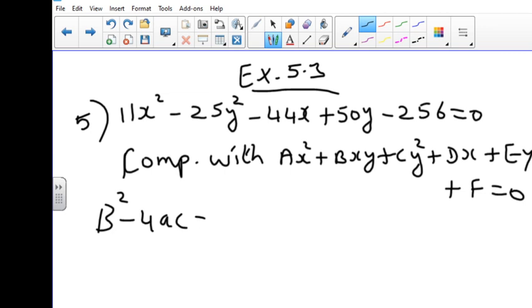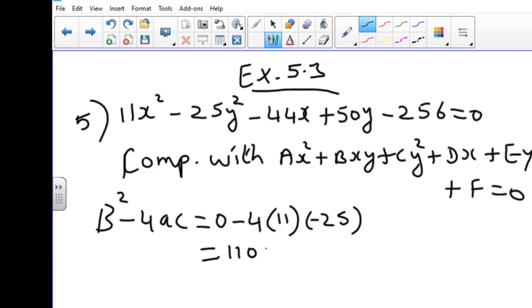So what do you get? B is here 0, so 0 minus 4 into A is 11 and C is minus 25. So see here, minus into minus plus, and 4 into 25 is 100, which is greater than 0.